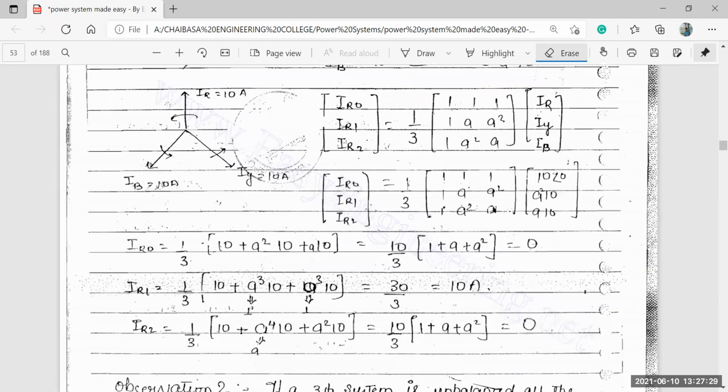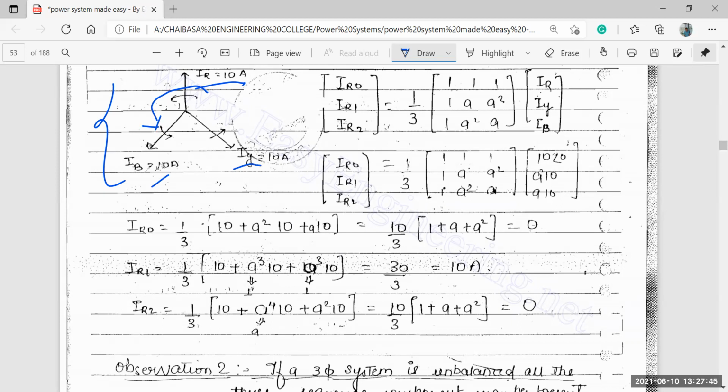Okay, now consider this. This is your balanced one. The direction is given in this direction. IR is given, IY is given, IB is given.